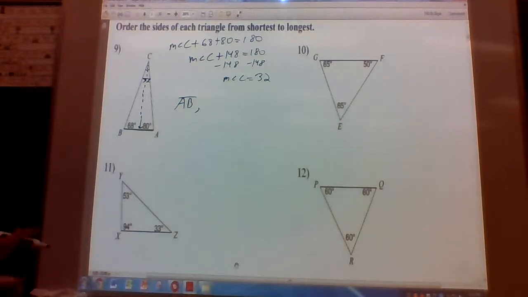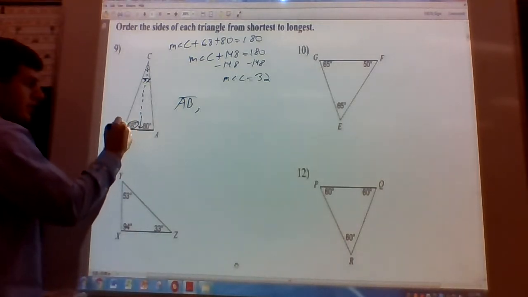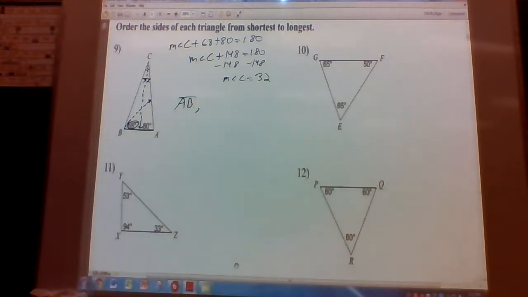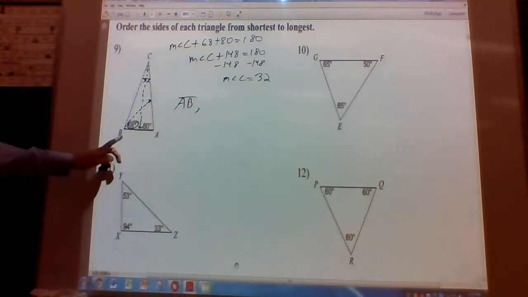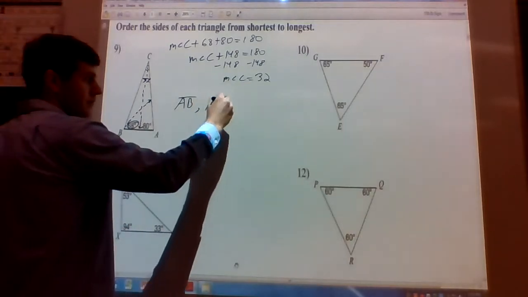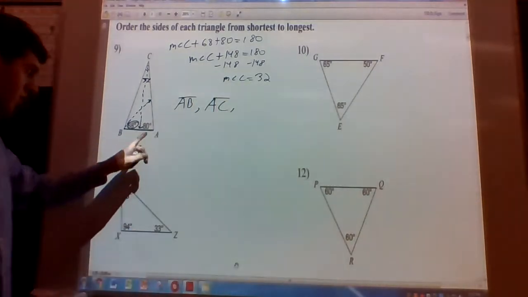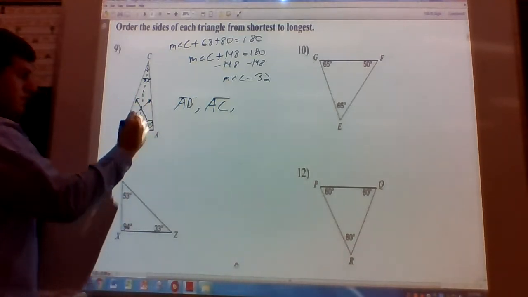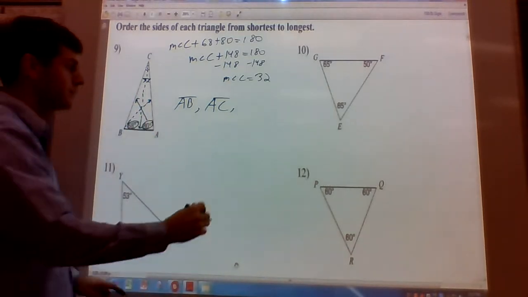So 68 is less than 80, so 68 is our next shortest angle. So we look across from 68, which is angle B, which is 68 degrees, and we have AC. And then our longest angle is 80 degrees. So across from 80 degrees is BC.